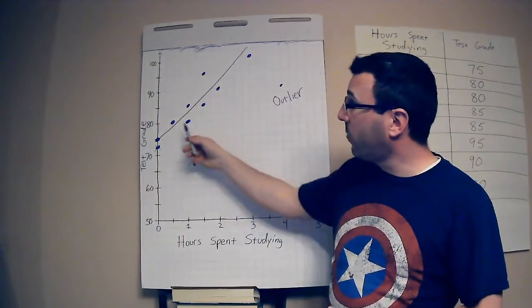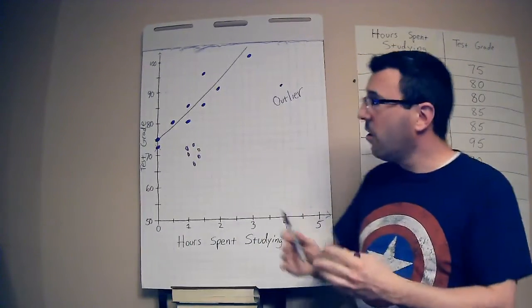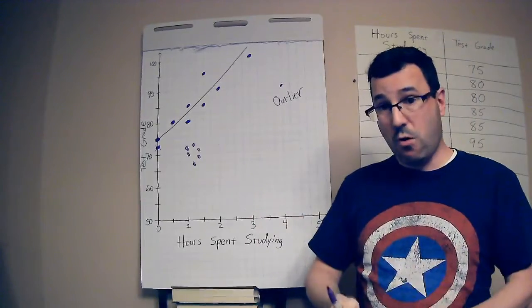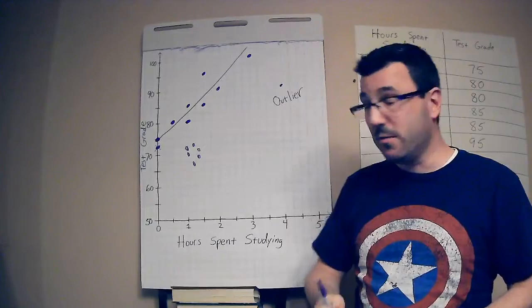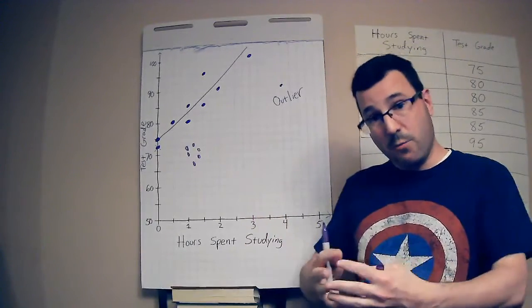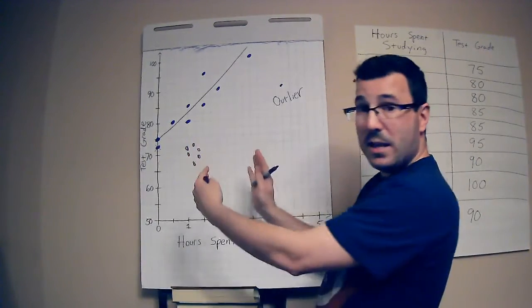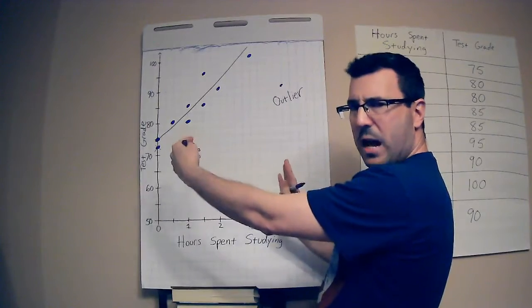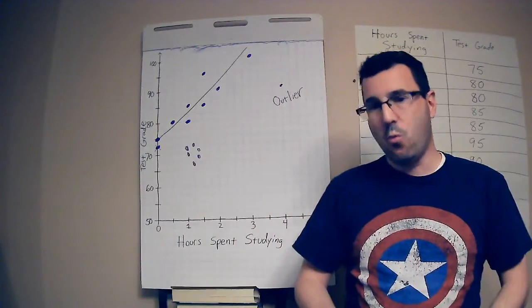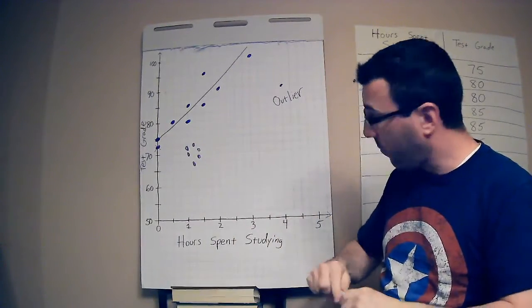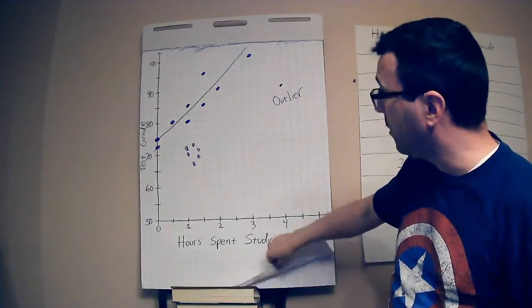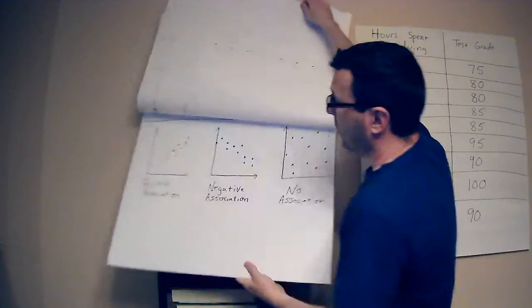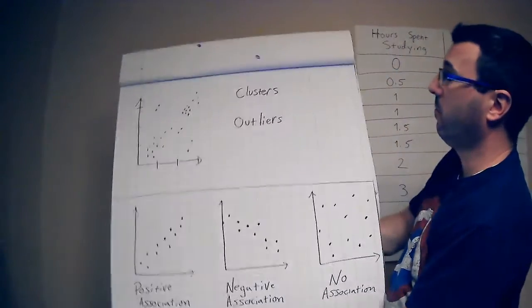Because they're relatively close, we can say this is a strong positive correlation. Now, if they were still making kind of a line, but they were spread out a little bit, we would call that weak. Now, I have a couple of things on the next slide that I'll show you. I'm going a little bit more into it.